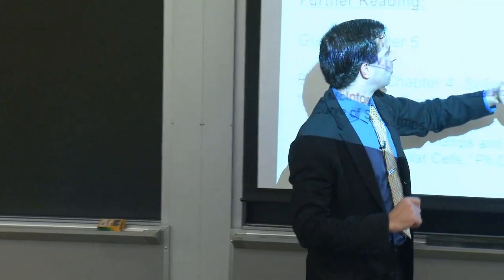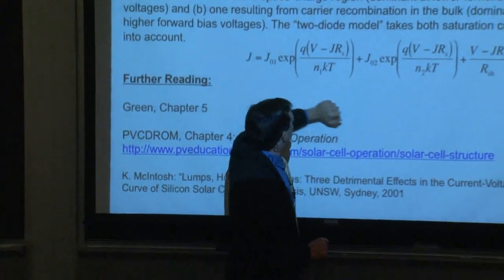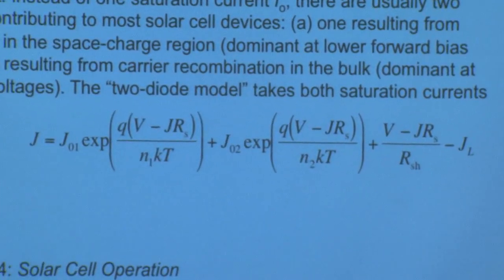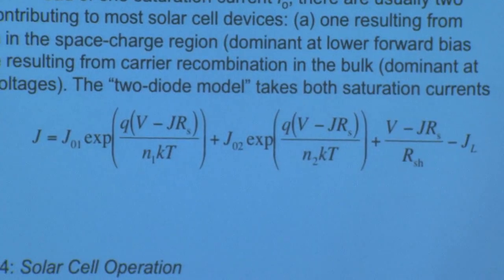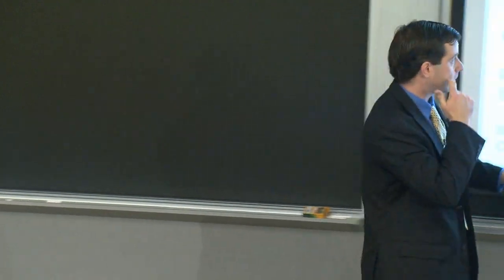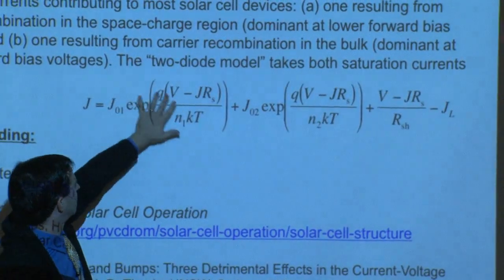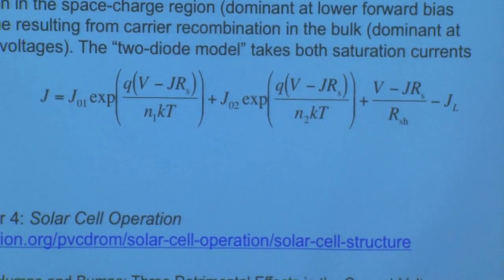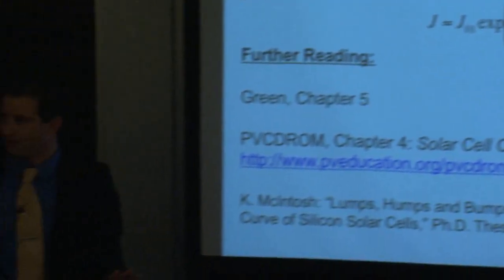And that's why under low forward bias conditions, we might have what is called a J02 current, or recombination current in the space charge region. And under high forward bias conditions, when a lot of the carriers can diffuse into the bulk and recombine inside of the bulk, we might be driven by different, bulk recombination mechanisms. So that's sometimes where you see what is called a two-diode model for a solar cell.